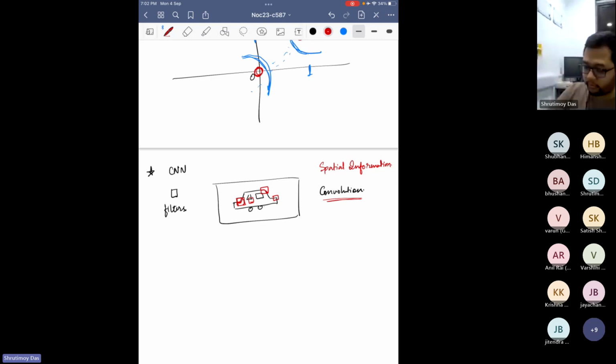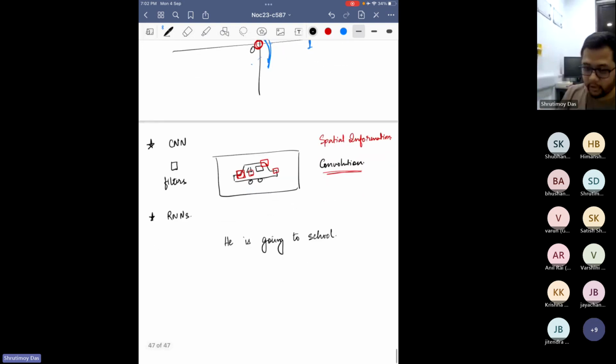But suppose you have a sentence. Going to RNNs. Suppose you have a sentence, say, he is going to school. Suppose we look at the word going. There is no concept of edges or anything in this word.